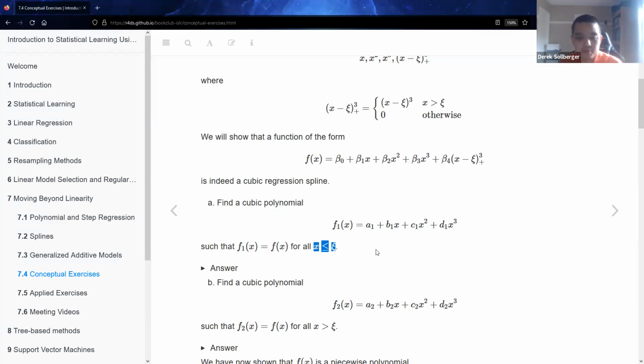Now, if we are in the piece that is x less than c, the strange new piece is simply 0 at this point. So this term is not existent yet.